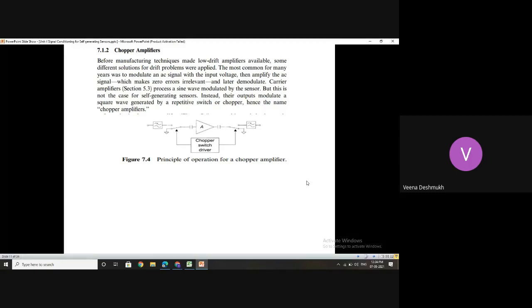And when the signal is demodulated, these DC levels can be taken care of, or completely removed. And to reduce the DC offset, this modulation technique was followed earlier.